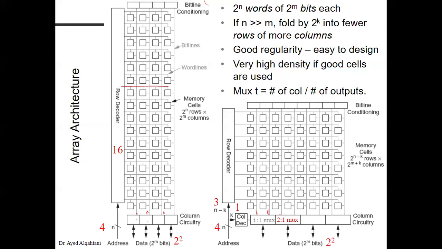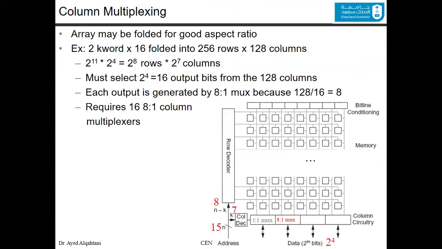Now, to understand this better and give you a more realistic example, as we said, the array may be folded for a good aspect ratio to make it square-like. If we have a 2k word times 16, that will show you the naming of the memory.